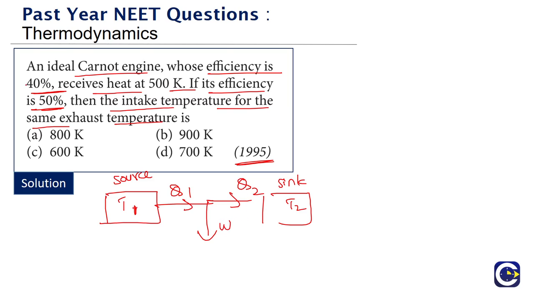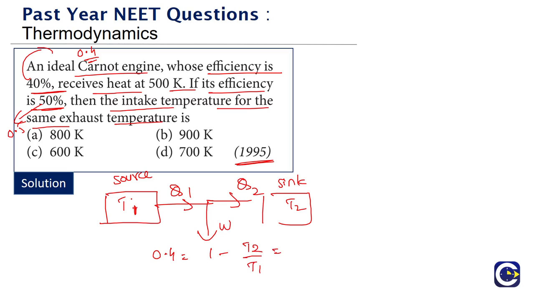So here, the initial efficiency is 40%, means efficiency factor will be 0.4. In the second case, the efficiency is 50%, means it will be 0.5. So initial efficiency factor 0.4 is equal to, for the Carnot's engine, 1 minus T2 by T1.